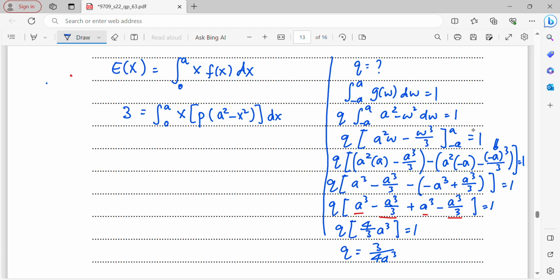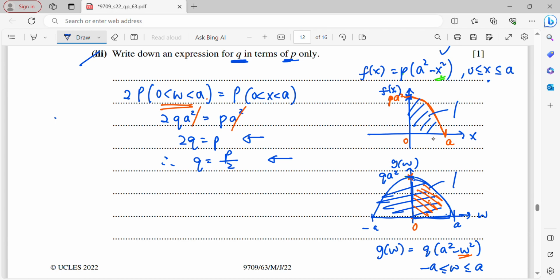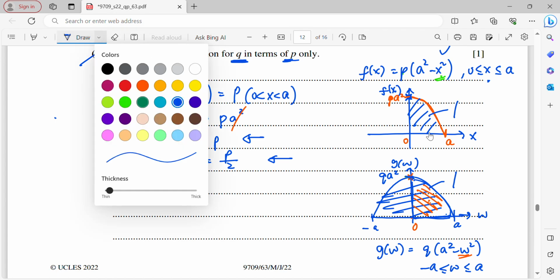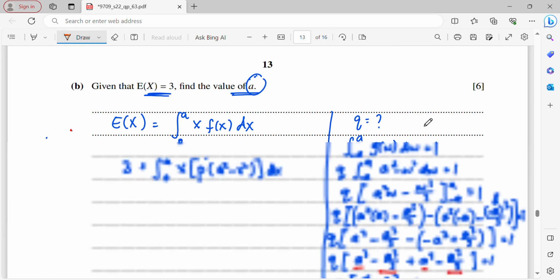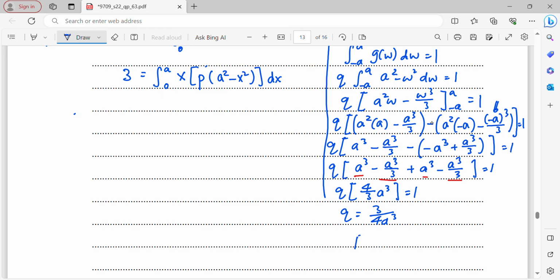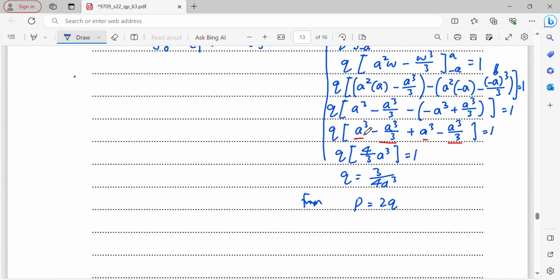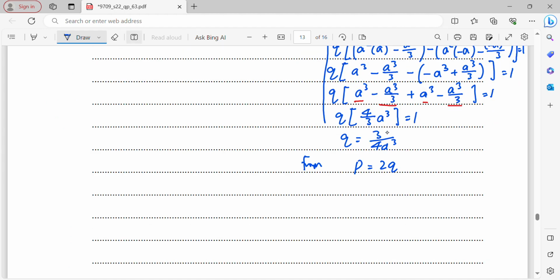Okay, and now I need to get the P. So from the previous part, the P is 2Q. So now I will get my P here. So my P is 2Q. This is from previous part. Previous part is part 3. So here I will write from part 3.